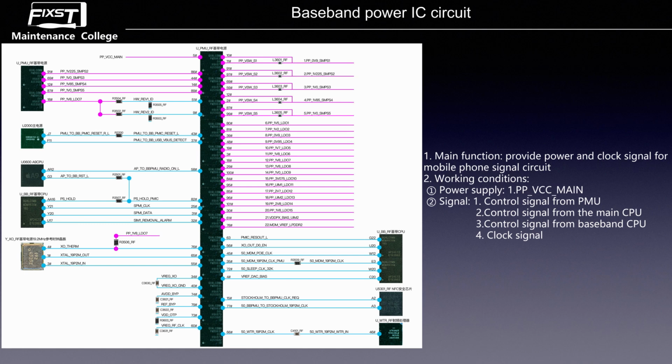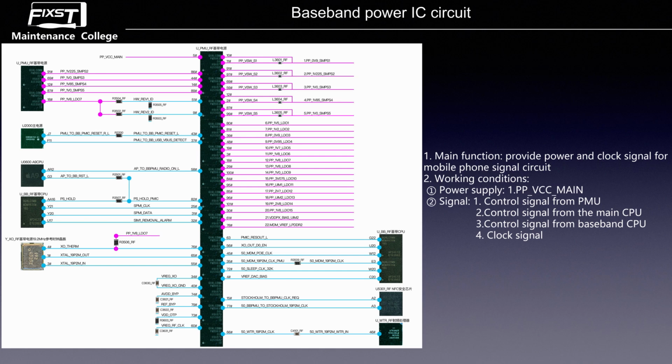Okay, now we see the 14.3 and 13.7, these 2 pins. As you can see, the 14.3 pin is from the U2000, the main power IC, the PMU, the reset signal to the baseband power IC. And the 13.3 pin is from the U2000 PMU to the baseband power IC, the common voltage detect signal.